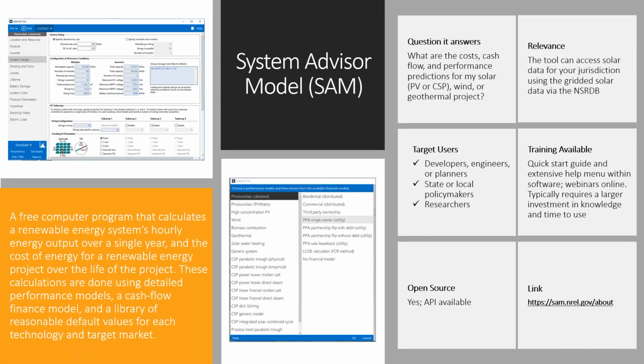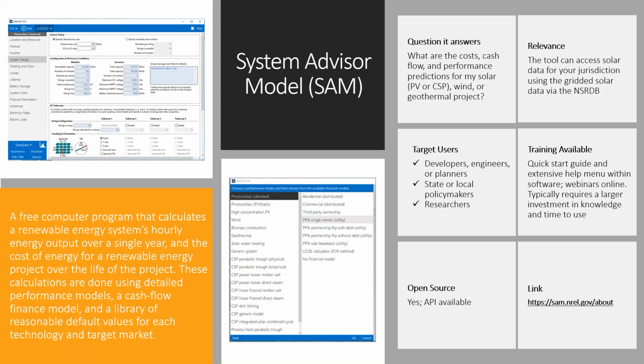Now we're moving on to the System Advisor Model. SAM, as it's otherwise known, uses PVWatts as the calculator feeding into this tool. So what you get is not just the generation as you do from PVWatts, but a full financial model through SAM.